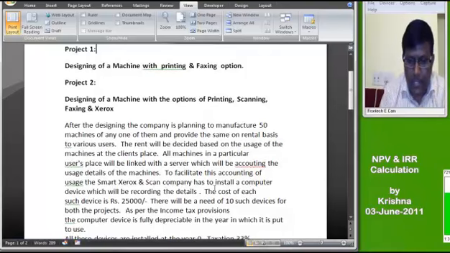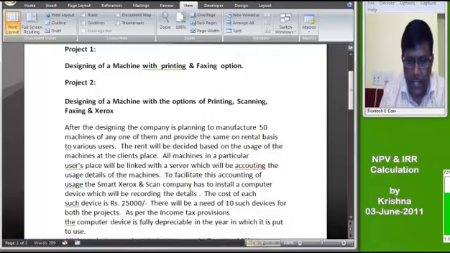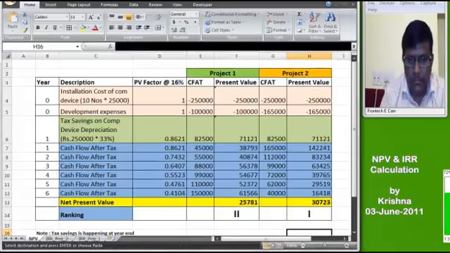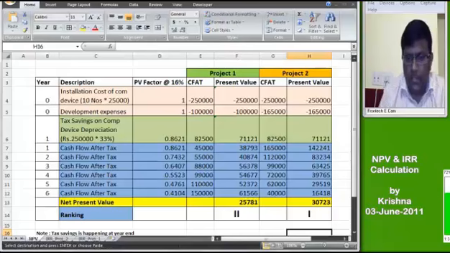Now we will see how to identify IRR using the 6 steps method. This table we have used for net present value.